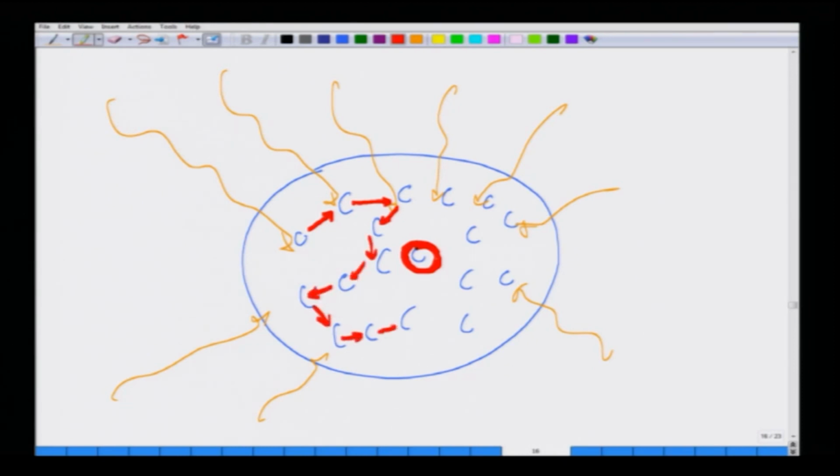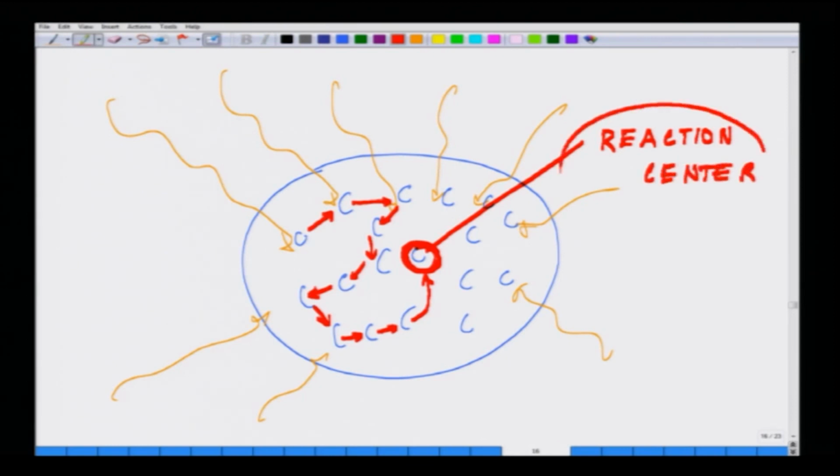They're getting excited, and eventually they reach that unique center, which is called a reaction center, where this whole process of electron emission starts. Other than that, this whole energy is being transferred.